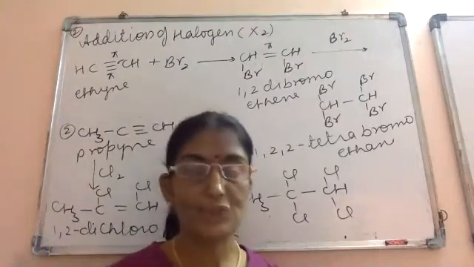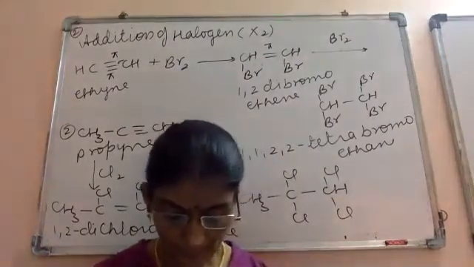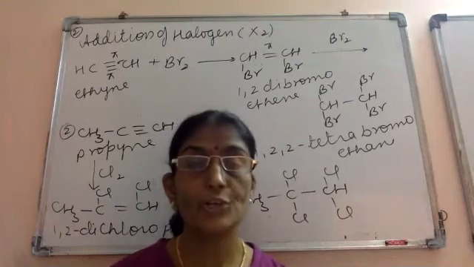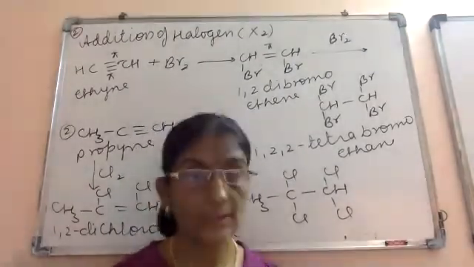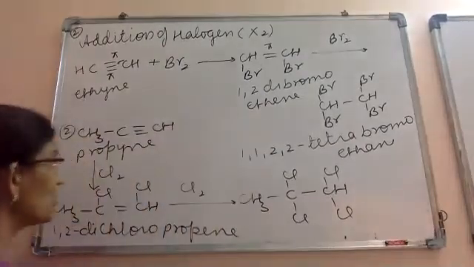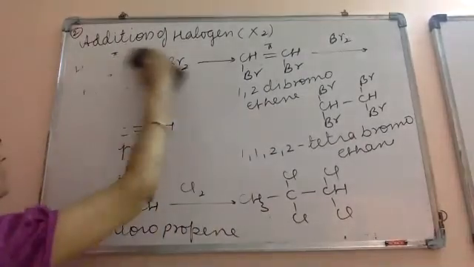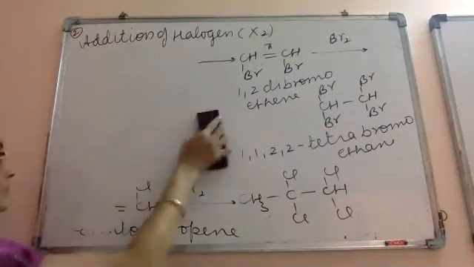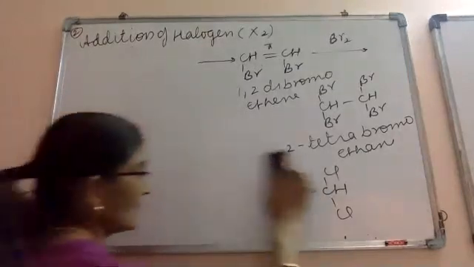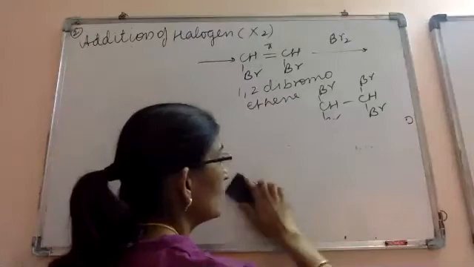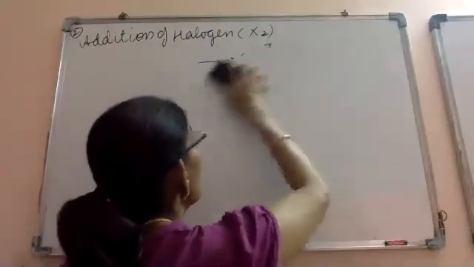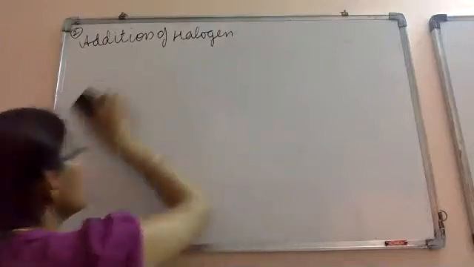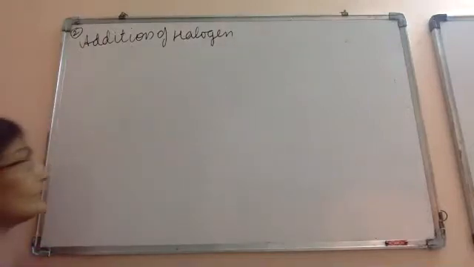Simple addition of halogen on alkyne compounds. Now third reaction, addition of hydrogen halide. Now we have to apply Markovnikov rule because the reagent is unsymmetrical.